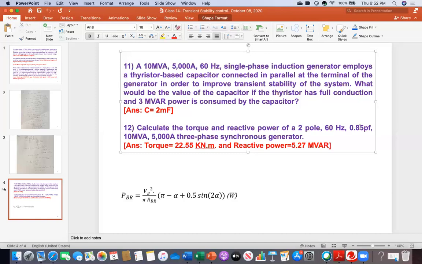And then what is your omega? First 120 f over p, because this is a synchronous generator. So 120 f over p, and then convert into radian per second. So torque will be power over omega. Then you should be getting this value.